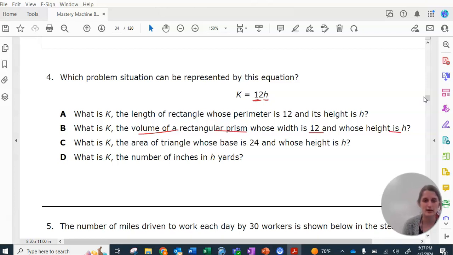That's not what I see in that problem. What is the number of inches in h yards? Yeah, there are 12 inches in a foot, but there are 36 inches in a yard. What is the area of a triangle? Okay, I know the triangle area formula, where the base is 24 and the height is h. Okay, half of 24 is actually 12. So you really got to think that one through.